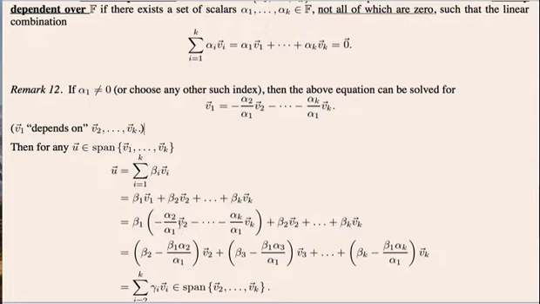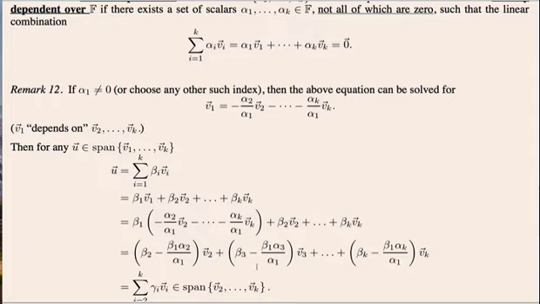And then what you see here is that v2 terms are repeated, so we can multiply through with beta 1, and then we can combine the v2 term with the v2 term and the vk term with the vk term. So for v2 we get beta 2 minus beta 1 times alpha 2 over alpha 1 as the coefficient for v2.